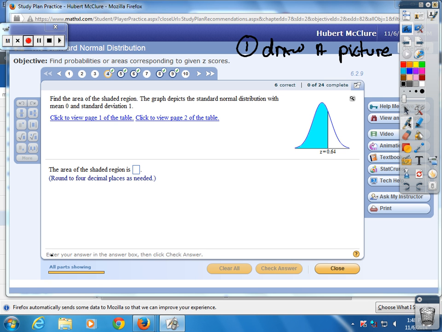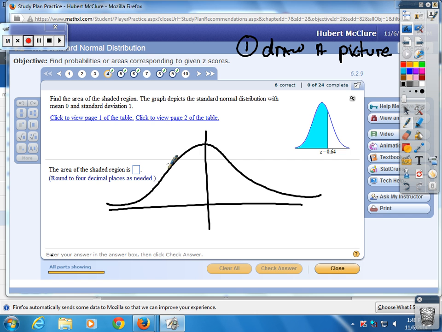So draw a picture. I really don't like this picture, so I'm going to draw in 0.64. Where's 0.64? It's between 0 and what? 1. Good job. Negative 1, negative 2, and 0.5 is right here.